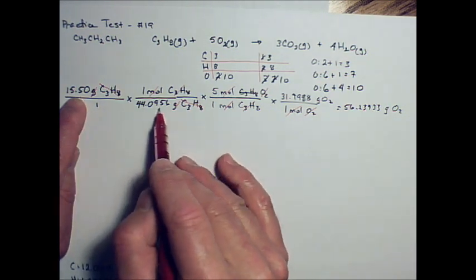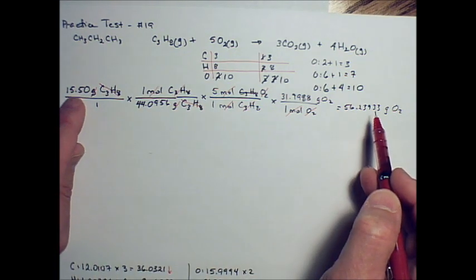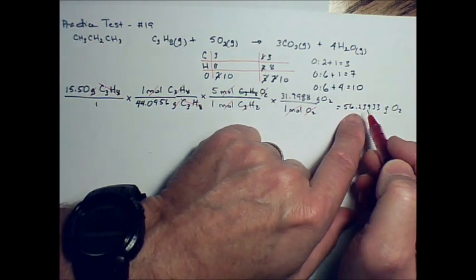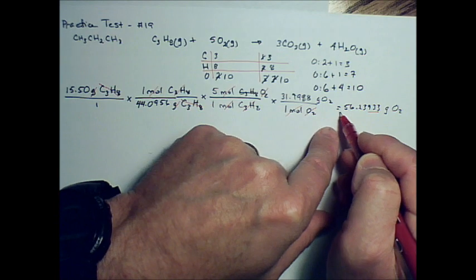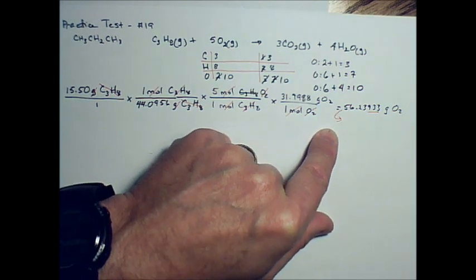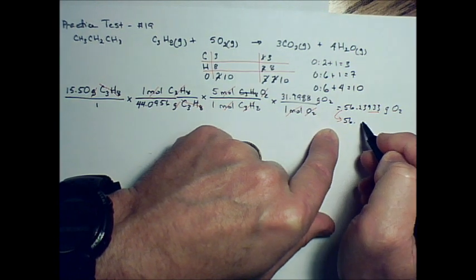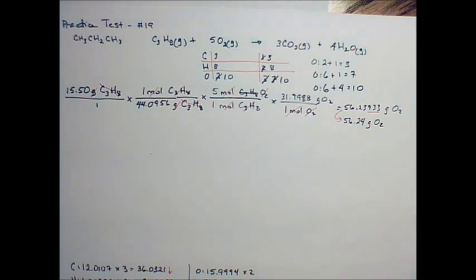This one has 4, this one's 6, this one's 6, so we want 4 in the final answer to match this least precise measured or calculated number. So we want the first 4 digits here, those are our significant digits. Underline what follows that and round off to the ones that are not underlined, and we get 56.24 grams of O2. Okay?